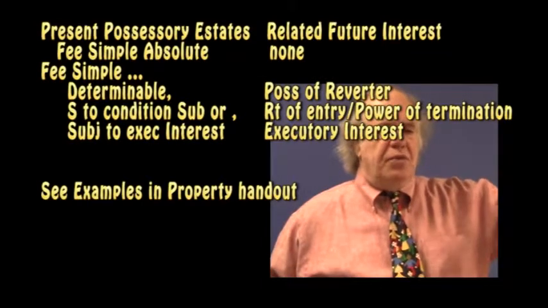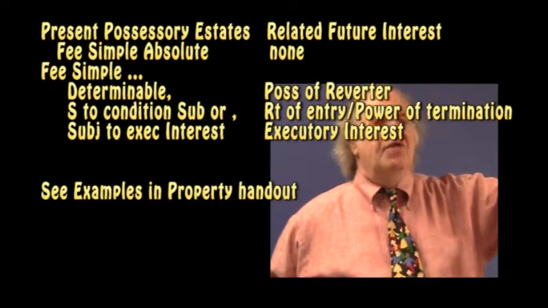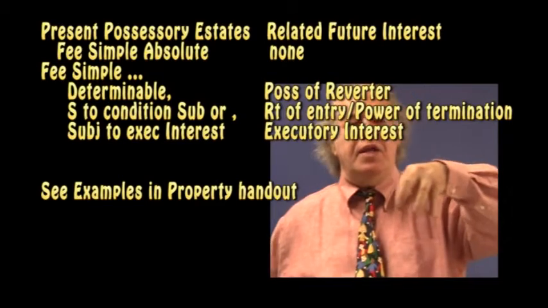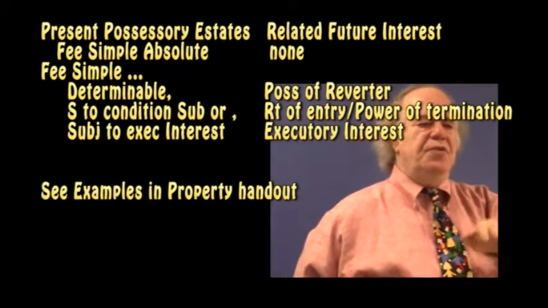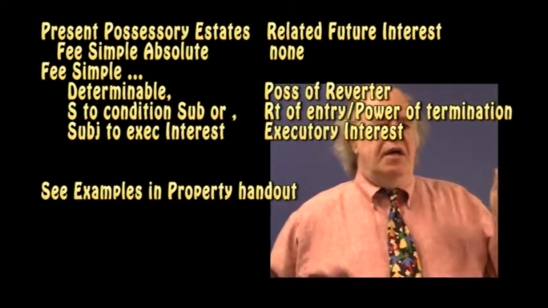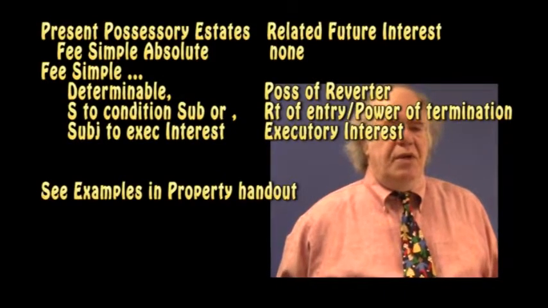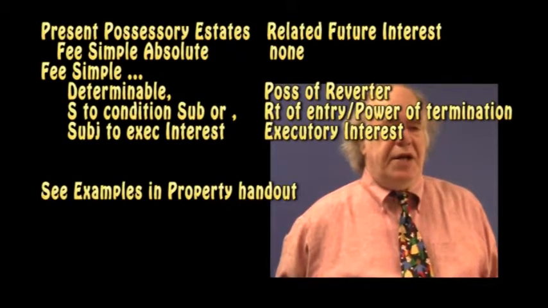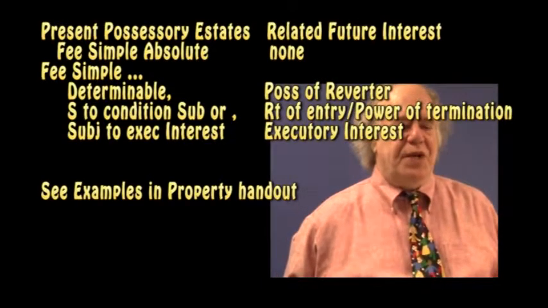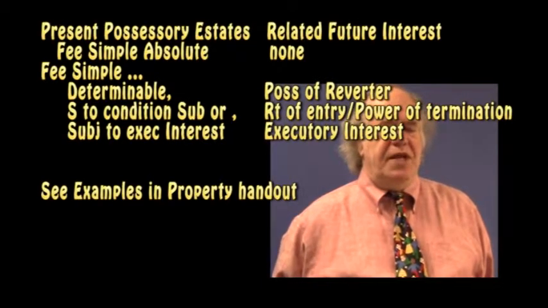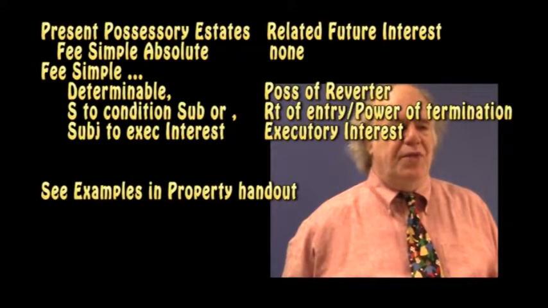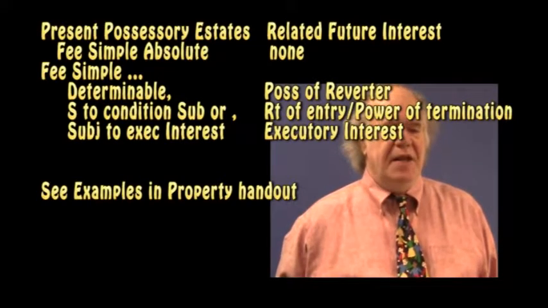And the terms stayed very similar, very close over hundreds and hundreds of years for stuff that we use today. So you may study history, and actually it can be very fascinating, the history of how we got to call a thing a fee simple absolute and how we got to call a thing an executory interest.